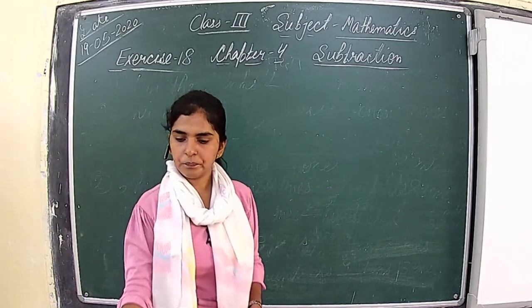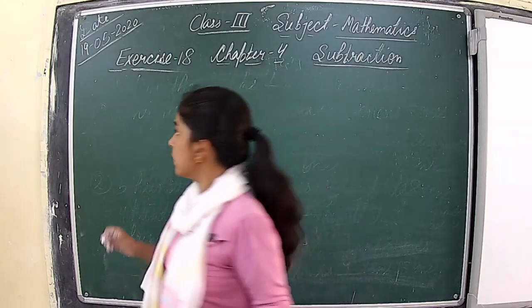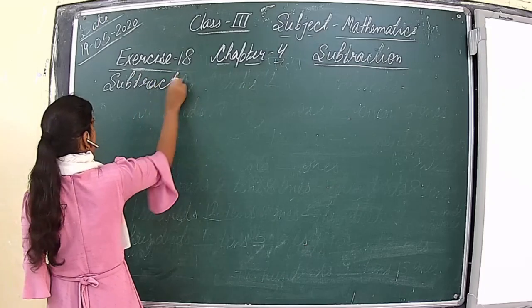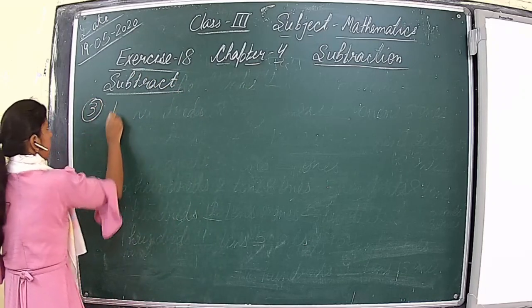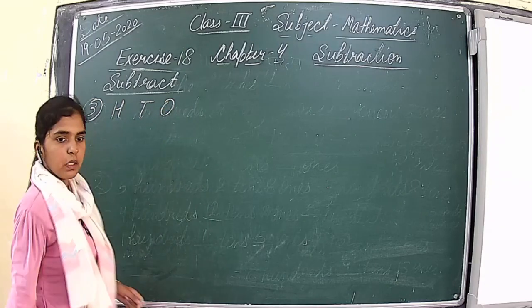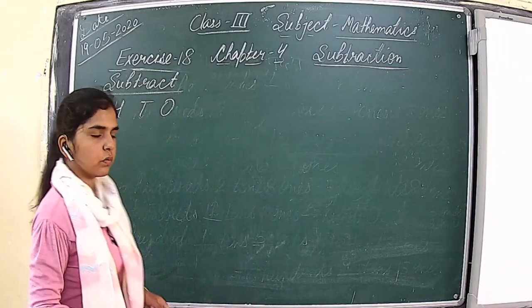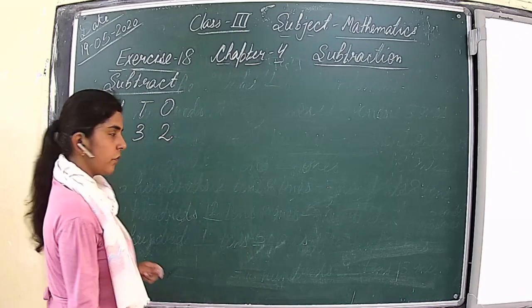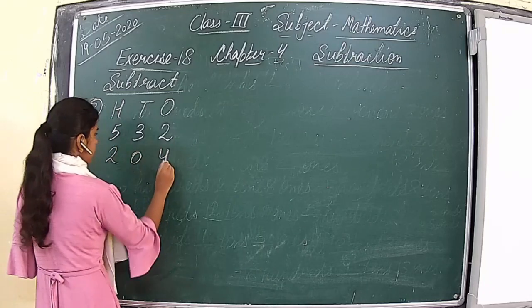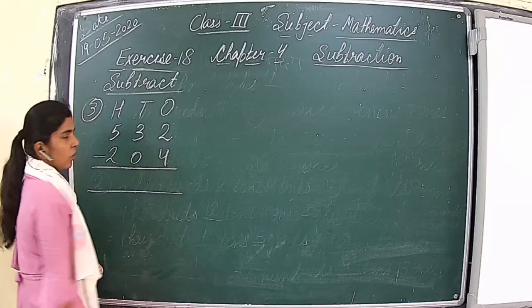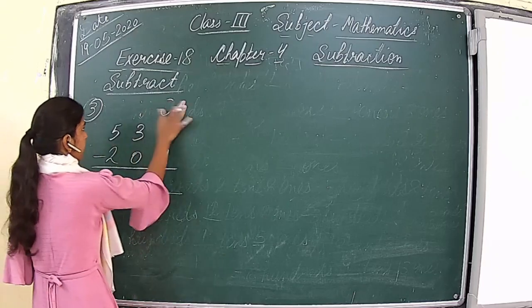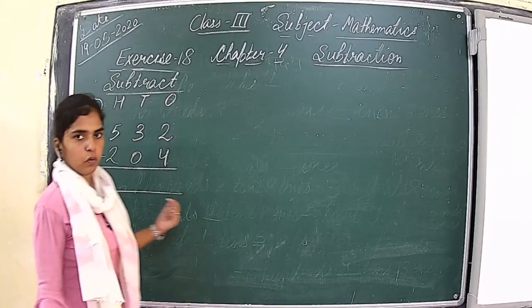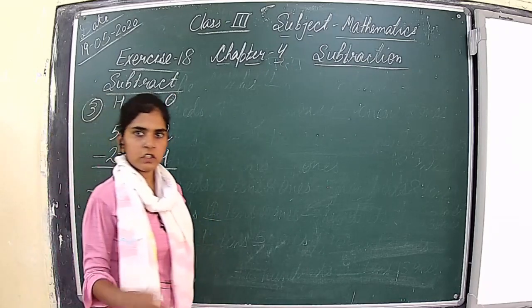Question number 3 is subtract the numbers 532 minus 204. So let's start. 2 minus 4. 2 is smaller than 4, so it is difficult to subtract.